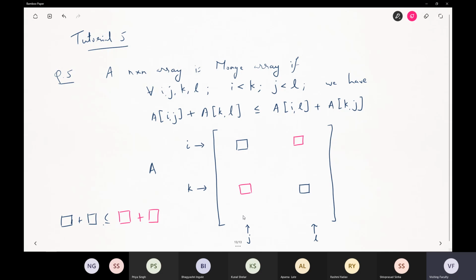Alright. So further, what are we really looking at? Let A be an n by n Monge array.